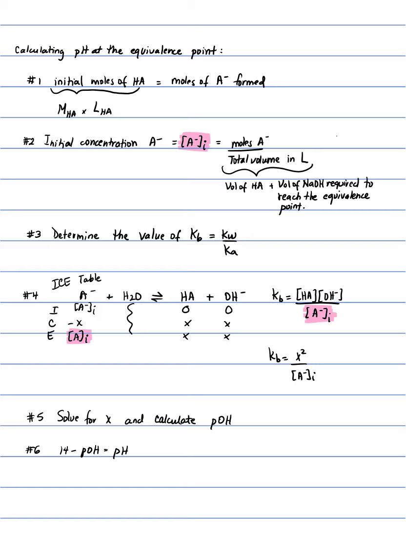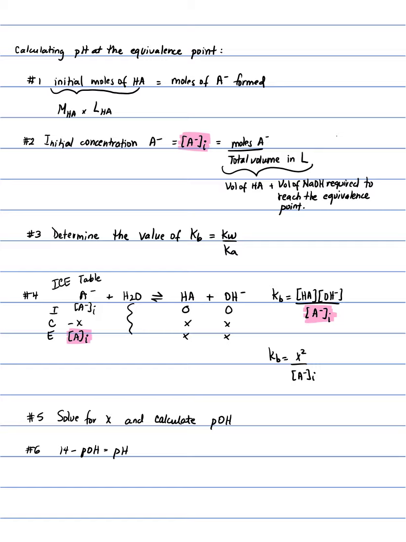If you look at your Kb expression, you have HA times hydroxide over the initial concentration of your conjugate base. So you have a numerical value that you can plug in as the initial concentration of your conjugate base. And then for HA and OH minus, that's X. So you simplify your Kb expression as X squared over your initial concentration of the conjugate base.